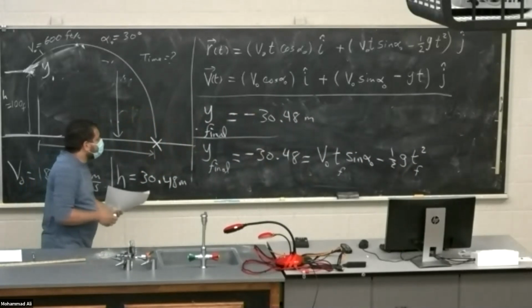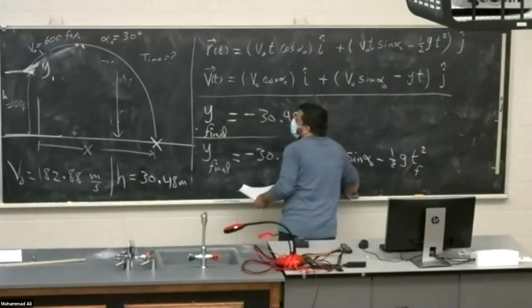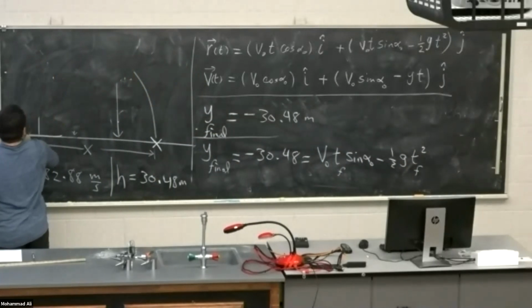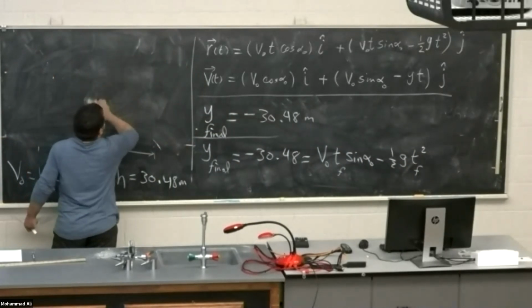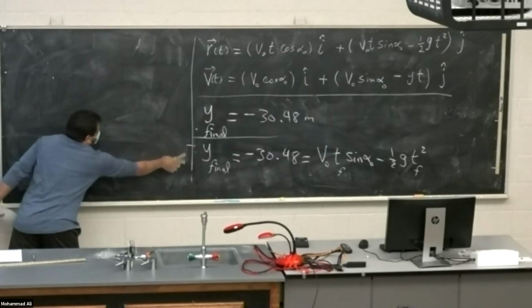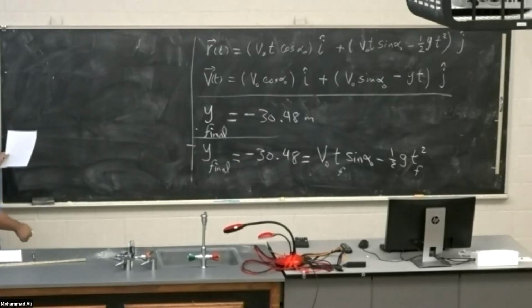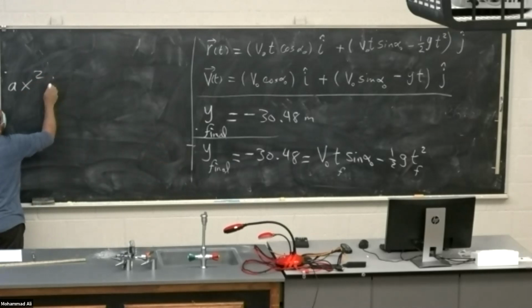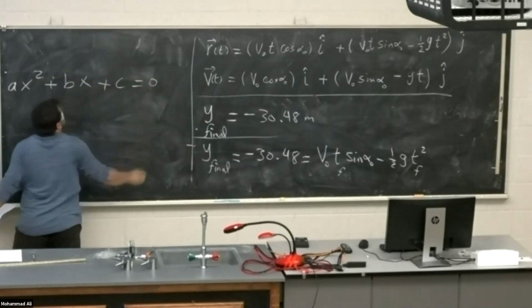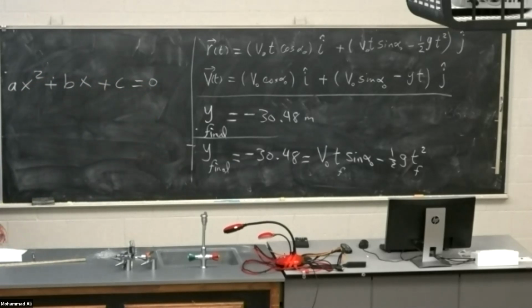Now this is math. If I have this equation, a x squared plus b x plus c is equal to 0, and I need to find x, there is a general law to find it.